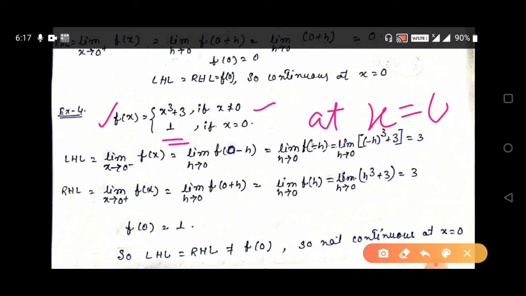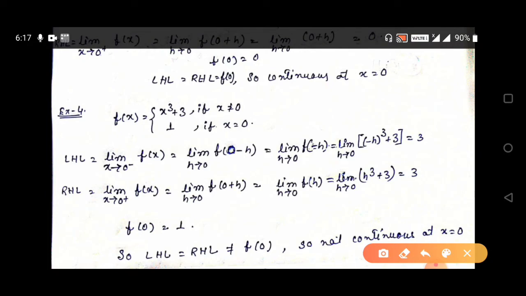Here we have to show this function is not continuous at x equal to 0. In example 3, the question was to discuss the continuity of the function mod x at x equal to 0, and in example 4 we have to show that the given function is not continuous at x equal to 0.